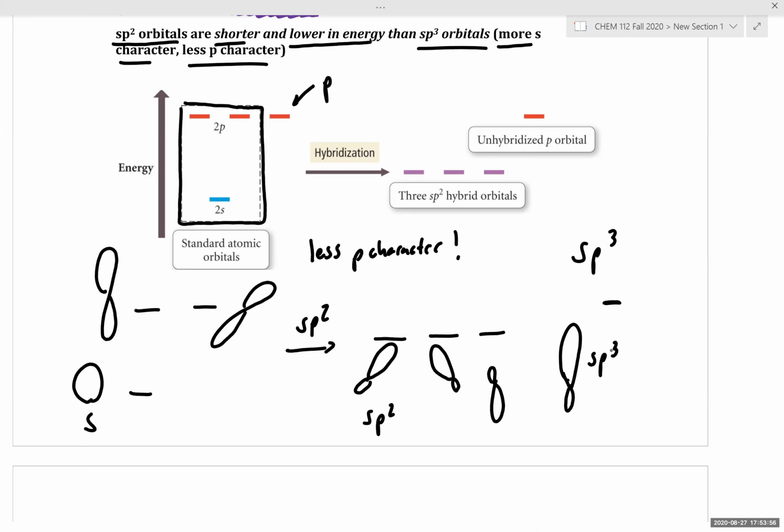Does this idea make sense to everyone? Perfect. So we're beginning to see a link between hybridization and orbital energy, and that's going to directly impact our bond energy and our electron energy.